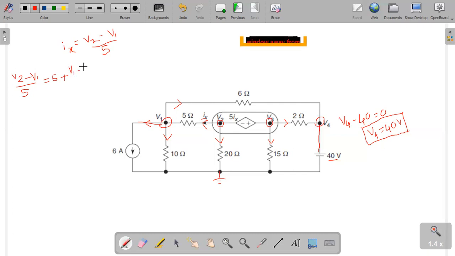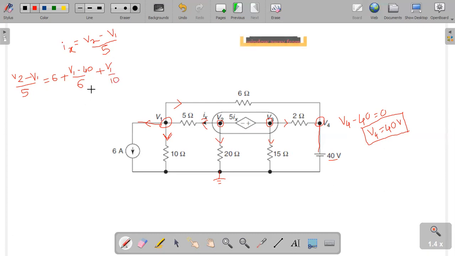But V4 has already got the value of 40, so I will write it as (V1 minus 40) upon 6 ohm. And the third outgoing current is this flowing through 10 ohm, so I can write it as V1 upon 10 directly as it is connected to the reference node.